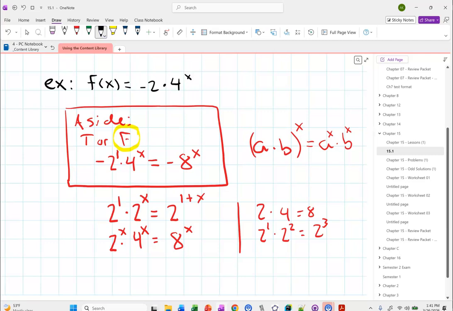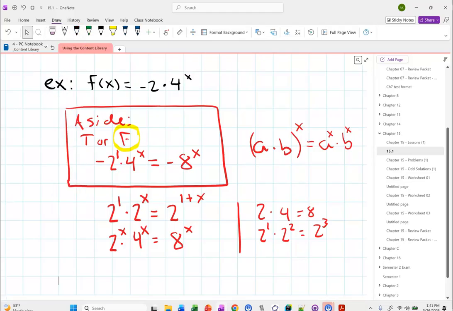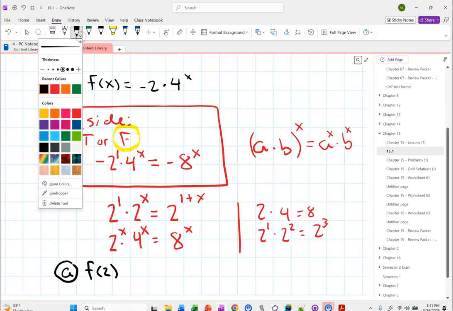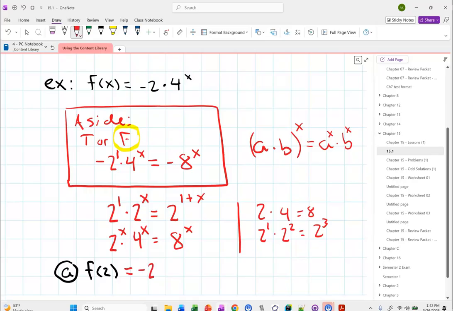All right. So I have this function up here, f of x. What if I want to evaluate f of 2? What does f of 2 mean? It means that you sub in x.